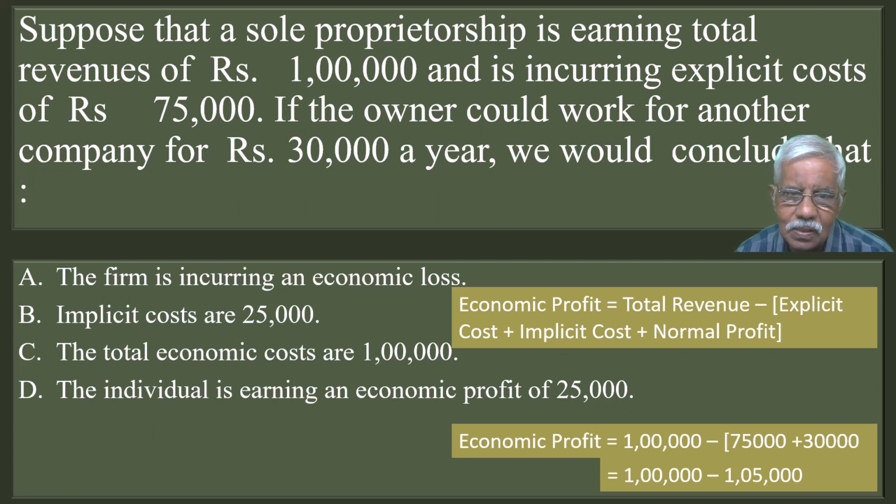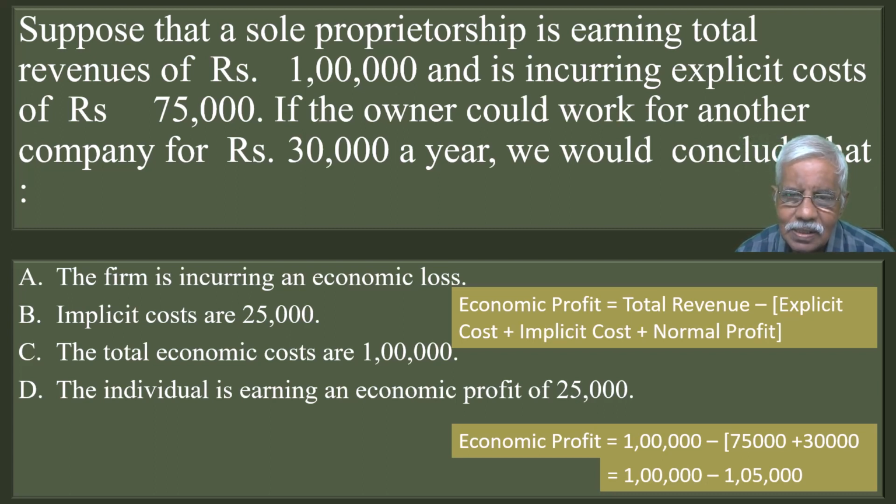If the owner worked in some other company, he could have earned 30,000 rupees per year. Since the owner is rendering his service in his own business, he is entitled for a salary of 30,000 rupees in a year. That is implicit cost.